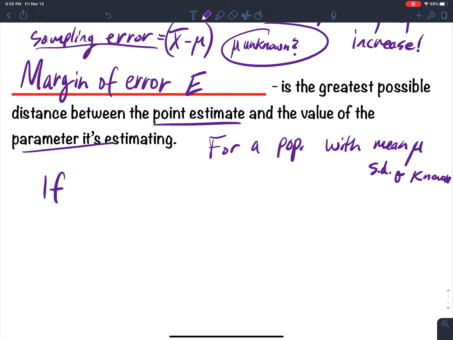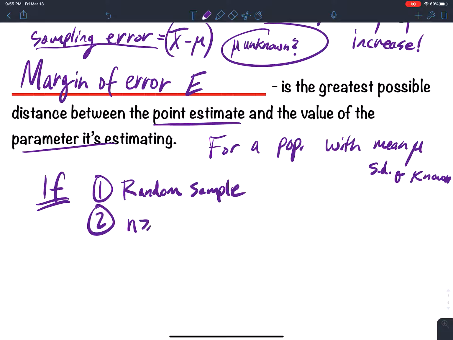If, here's my Ferrari. Number one, it's a random sample. Number two, n greater than or equal to 30 or population normally distributed. Then I can use the Ferrari. What's the Ferrari say?